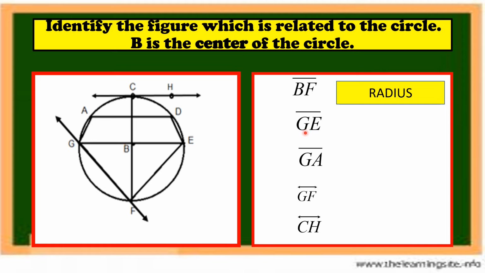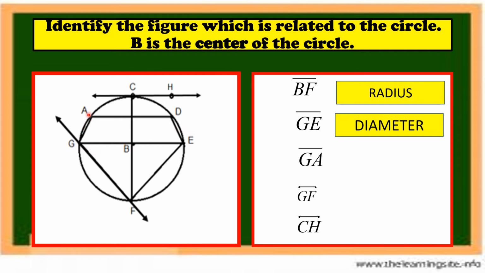Then we have segment GE. Segment GE connects 2 points of the circle and it passes through the center of the circle. Therefore, segment GE is a diameter. Then we have segment GA.